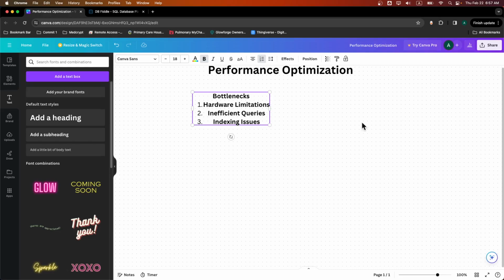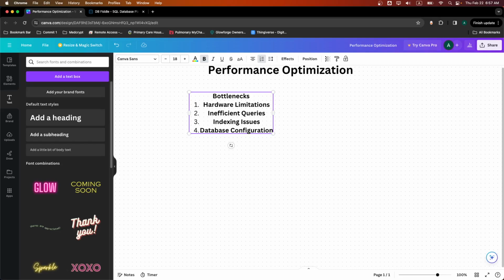Okay, the other bottleneck is going to be the database configuration. If you have suboptimal settings, like improper configuration when it comes to memory allocation or caching or concurrency control, that's going to lead to inefficient resource utilization and performance issues.